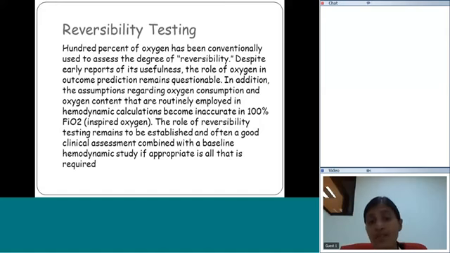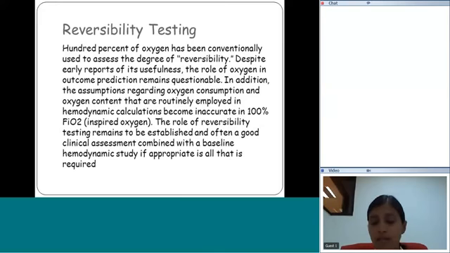The inaccuracies become much more pronounced in 100% oxygen as compared to room air. Also, a lot of the time people forget to include dissolved oxygen. So one has to be careful in the use of reversibility testing. Reversibility testing obviously has traditionally been used for assessment of response to, say, antipulmonary hypertensive therapy.